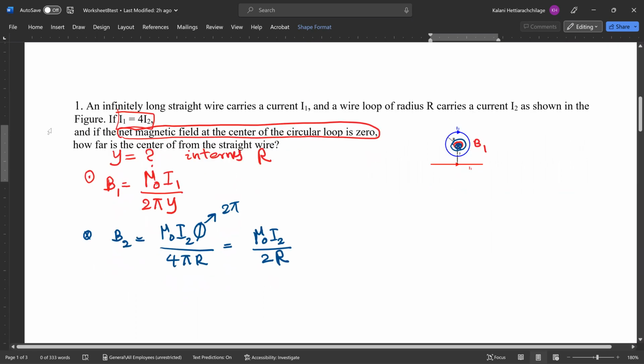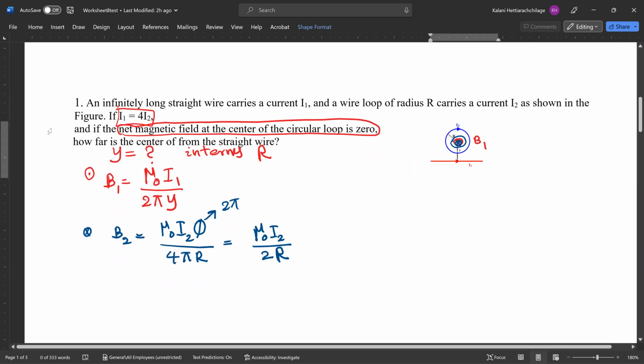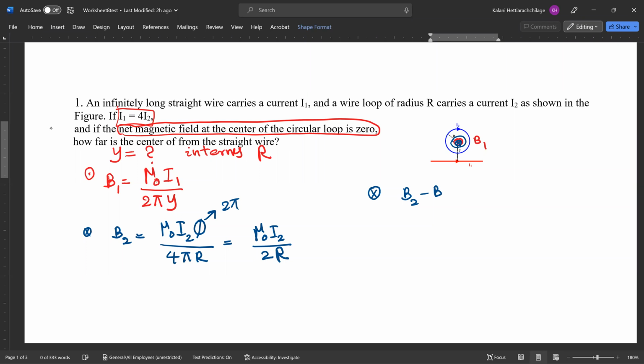Now we know that B1 is outward and B2 is inward, and whichever is greater will be the direction of the magnetic field. But the question says the net magnetic field at the center is 0. That means, writing it in the outward direction, B2 minus B1 equals 0, so B2 equals B1 according to the question.